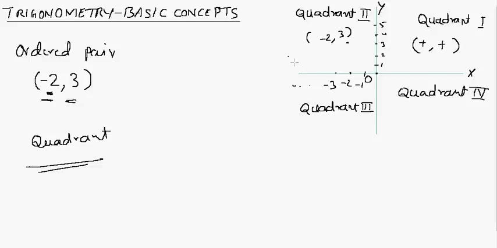And in the second quadrant, the x coordinate is negative and the y coordinate is positive, because the x coordinate is on the other side of the origin, to the left of the origin, which is negative numbers. In the third quadrant, both coordinates are negative, x and y. The fourth quadrant has positive x and negative y.